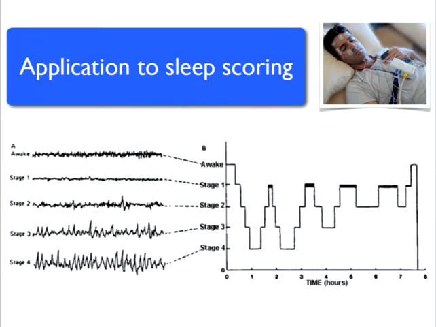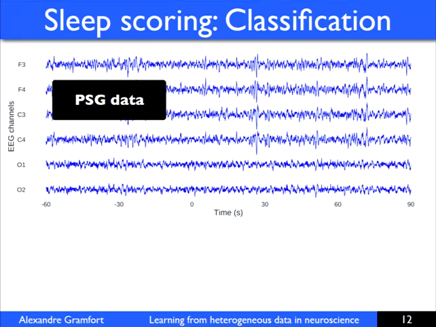So now let's look at what this means in a practical problem. I'll use this problem that people call sleep scoring. It's in the context of sleep disorders. It's a classical clinical exam where you put people with these types of electrodes and you get a night of data. You have one label per 30 seconds of EEG recordings, and the game is to predict in what sleep stage people are. People call it polysomnography or PSG.